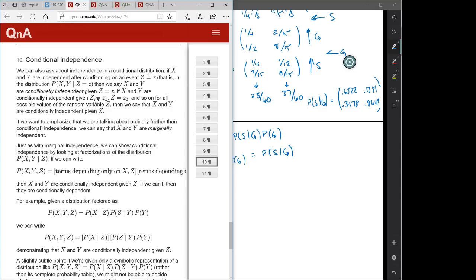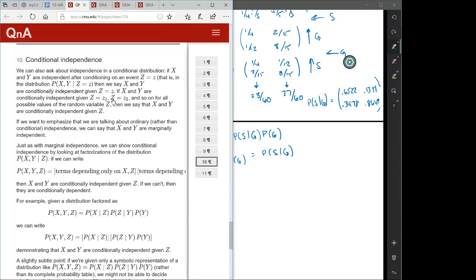All right. And if they're conditionally independent given all of the possible values of the random variable, then we say that they're conditionally independent given Z, meaning if you condition on Z, then no matter what value Z happens to take, X and Y will still be independent.